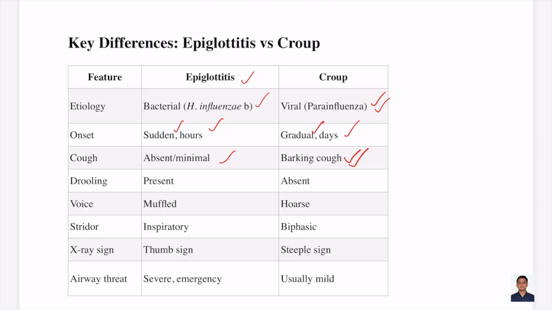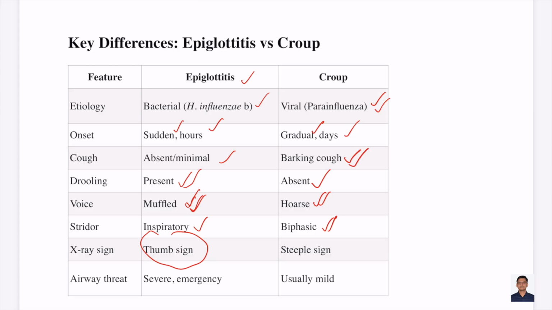Drooling of saliva is a very common finding in epiglottitis because of difficult swallowing. In croup there is no such problem, and so the drooling is absent. In epiglottitis, the patient has a muffled or hot potato voice. In croup, the patient has hoarseness of voice. Stridor is inspiratory in epiglottitis, and it is biphasic in croup. X-ray shows the thumb sign in epiglottitis due to the edema of the epiglottis.